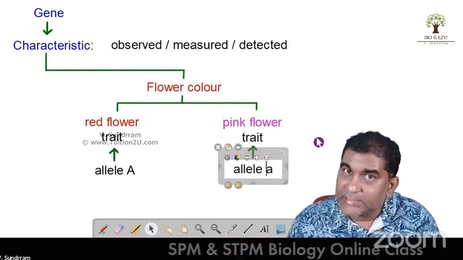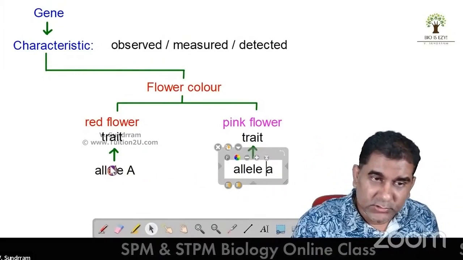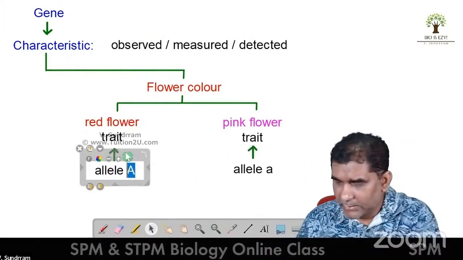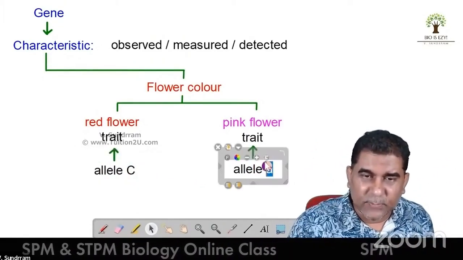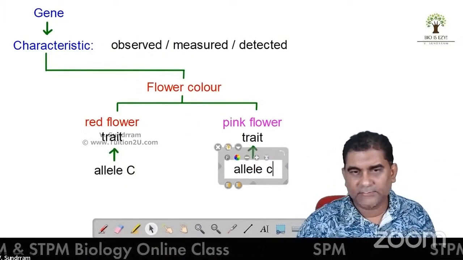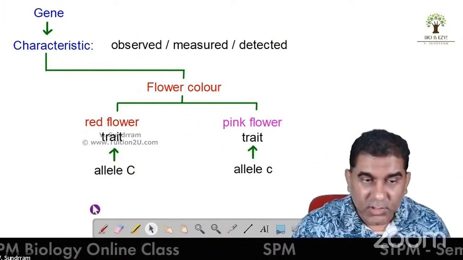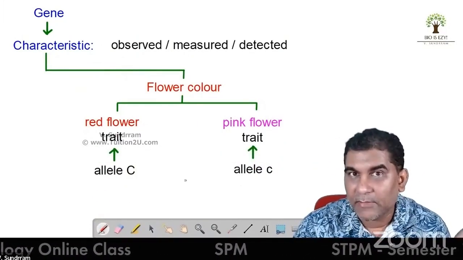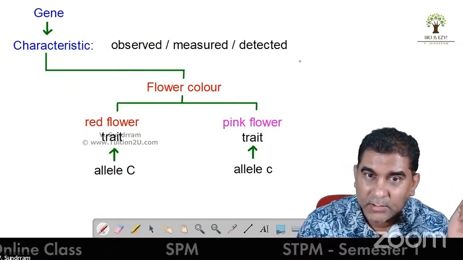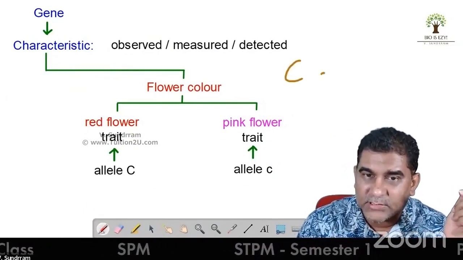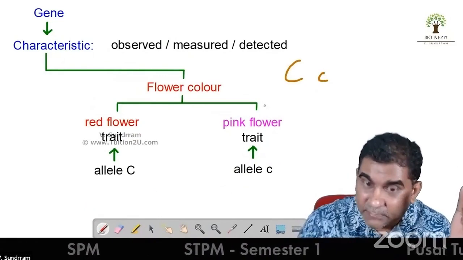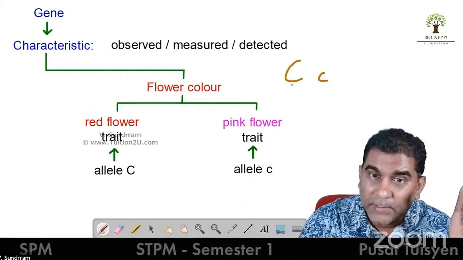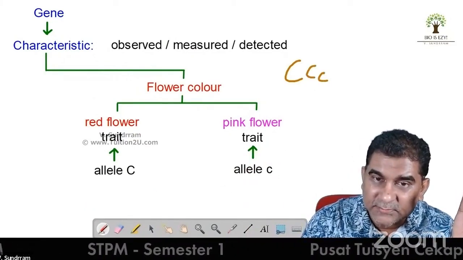Choose alphabets that are different. Don't choose allele capital C and allele small c. Jangan guna macam ini. When you are writing fast, maybe you wrote a C that is like this.